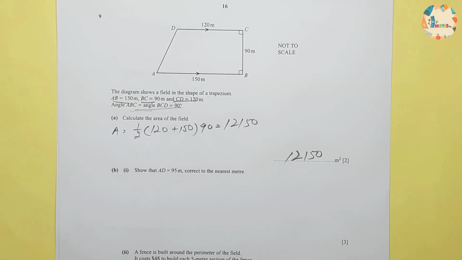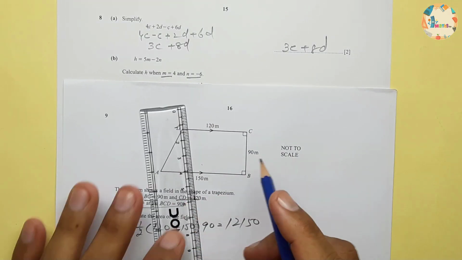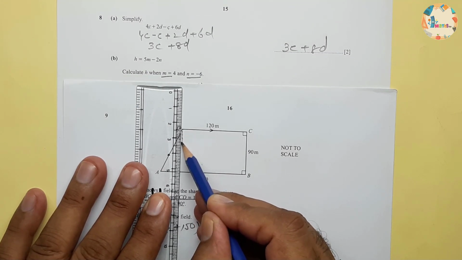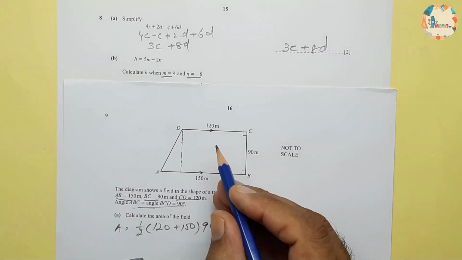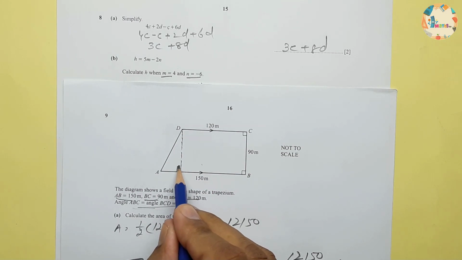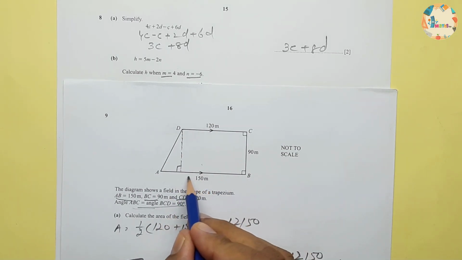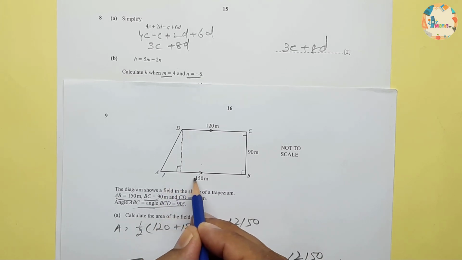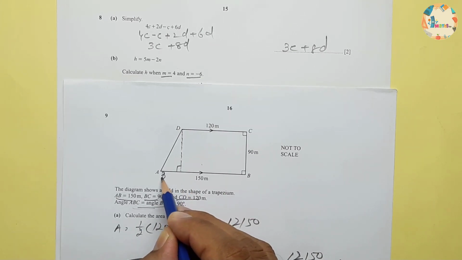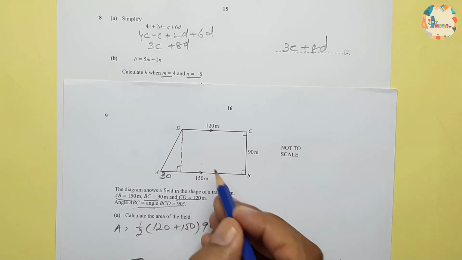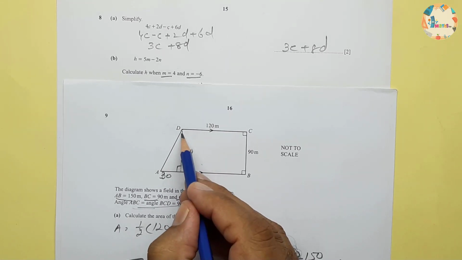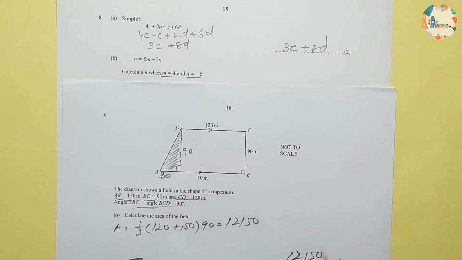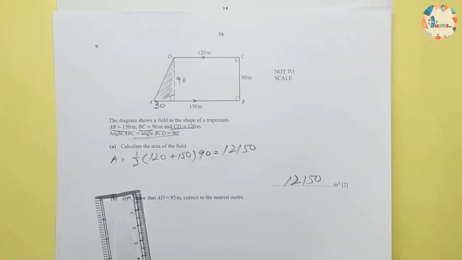AD is equal to 95, we can show by drawing this straight line. If we draw a dotted straight line like this, it will be a 90-degree perpendicular we have drawn. So this is 120, this side will be 150 minus 120 which is 30, so this side is 30 and this height is 90. We are considering this smaller triangle, so we can use Pythagoras theorem for this one.